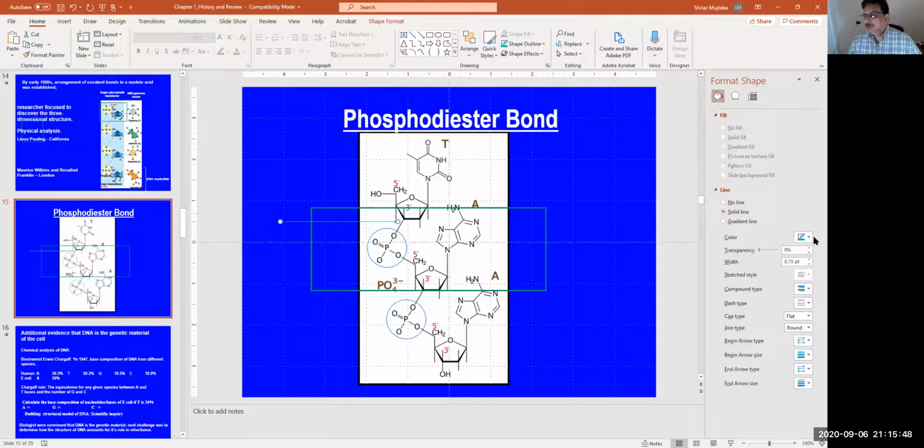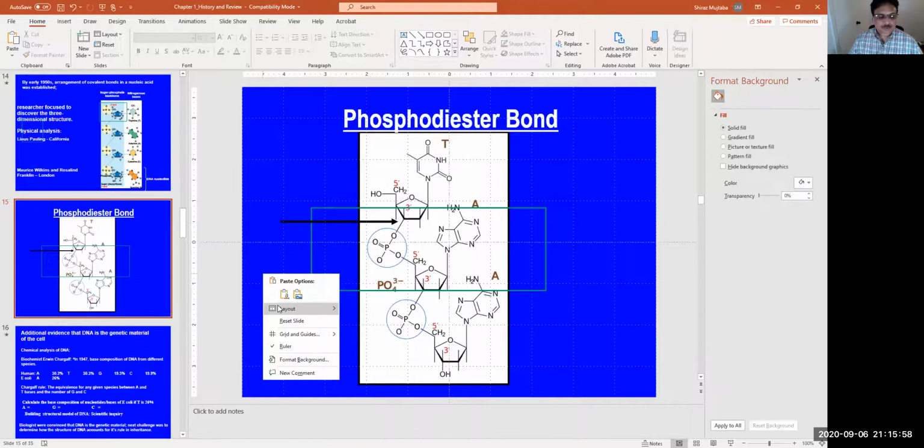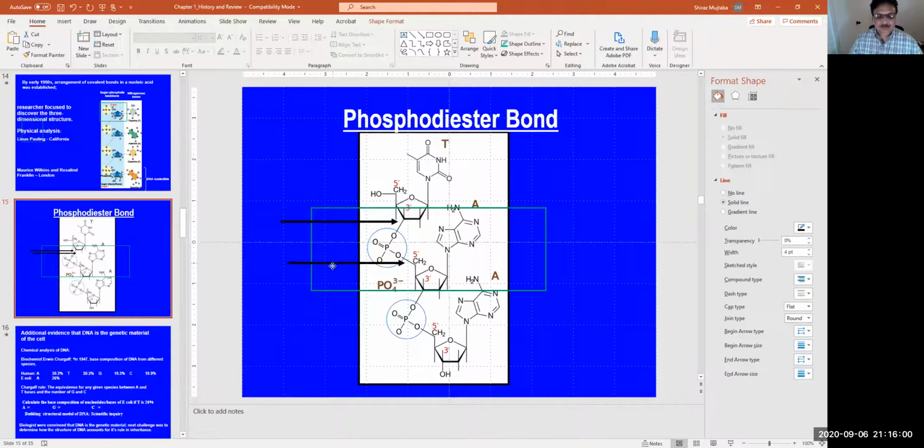And the second is connecting to the fifth carbon atom here, right? And this carbon atom, carbon number 1, is attaching to the nitrogenous bases.